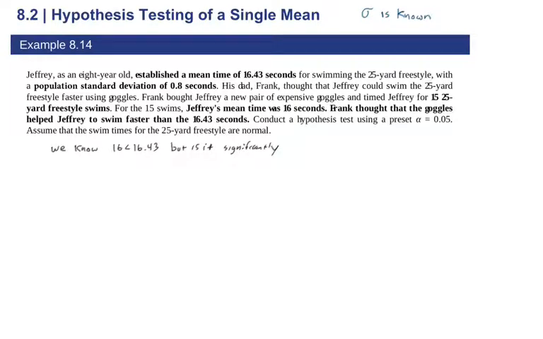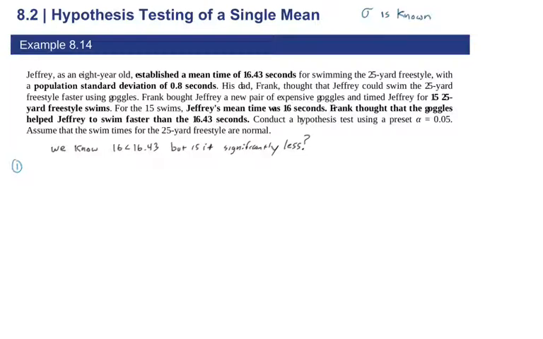That's really the key question we want to answer here. Is it significantly less? Jeffrey has a mean time, he has those goggles, he performs better, but is it noticeable? Is 16 so far away from 16.43 that it makes a big difference?